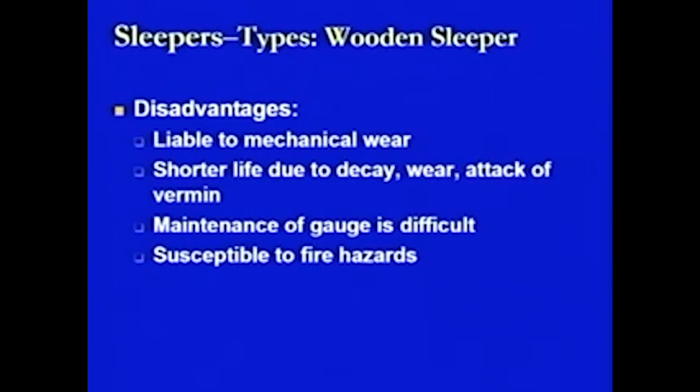They are susceptible to fire hazards, again a characteristic of the material itself. They have very little scrap value. This is another disadvantage, because as soon as a sleeper has completed its lifespan, it will be taken out and some other sleeper will be provided, but at that time the sleepers which have been taken out are not going to pay back some amount in a handsome form.